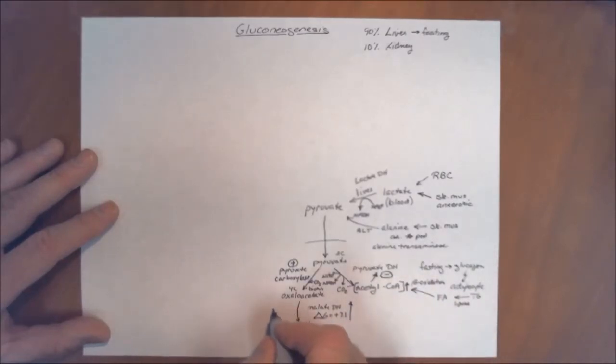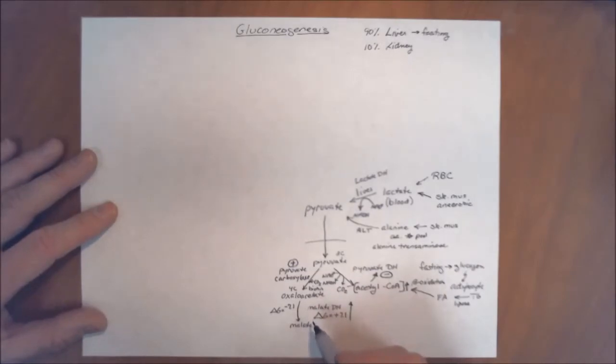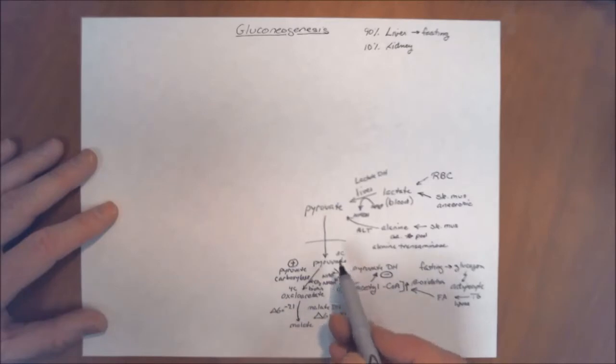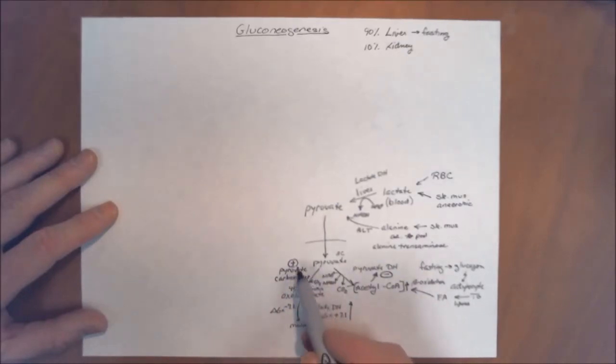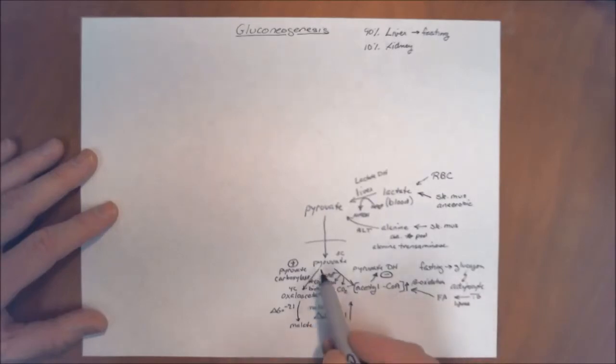That means that in this direction, the standard free energy is negative 7.1, so this is essentially a favorable reaction. What further drives the reaction from oxaloacetate to malate is that we are generating a large amount of oxaloacetate from the pyruvate carboxylase reaction. Because this enzyme is activated by high levels of acetyl-CoA, which are coming from beta oxidation of fatty acids, we are pushing pretty much all of the pyruvate in this direction.